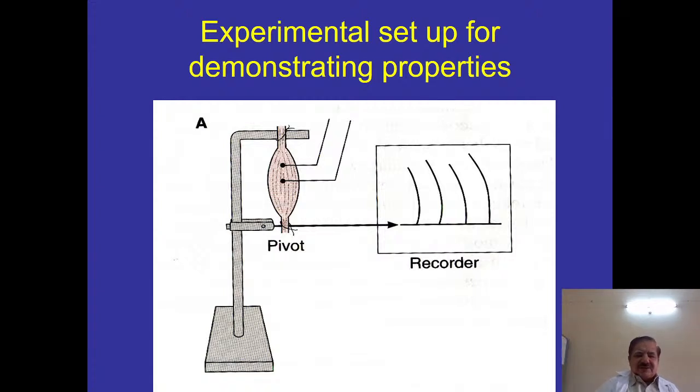Because as you are giving a stimulus, it is passing through the plasma membrane of the muscle. From the plasma membrane, it is going through the sarcotubular system, from the T tubules into the sarcoplasmic reticulum. In the sarcoplasmic reticulum, you have longitudinal tubules, which are abutted by the cisternae. These cisternae have calcium.